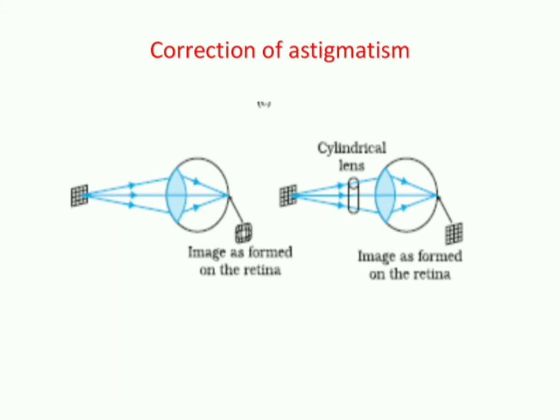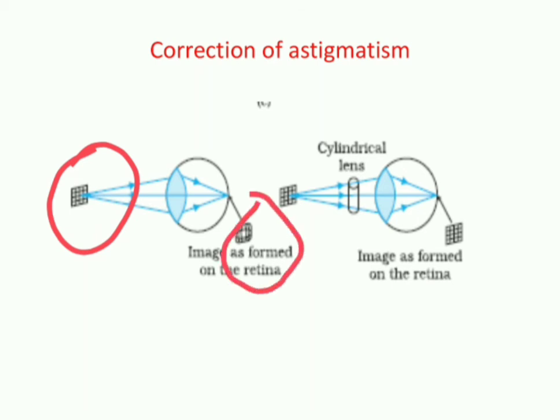Let's look at the diagram to understand the defect. The first one is where the image is formed on the retina. It is not the defect because of a shift of the image in front of or behind the retina. If you keep a wire mesh in front of a person suffering from astigmatism, look at the nature of the image. The image is not perfectly straight. If vertical lines are proper, horizontal lines are bending like hyperbolas. This defect we call astigmatism.